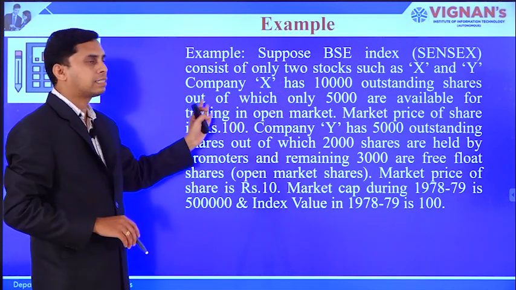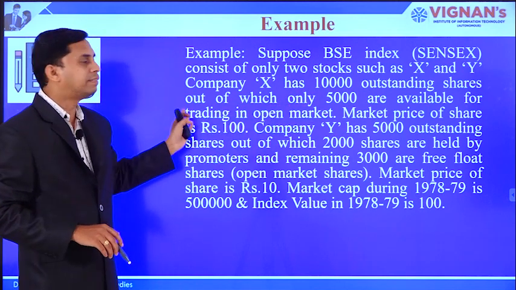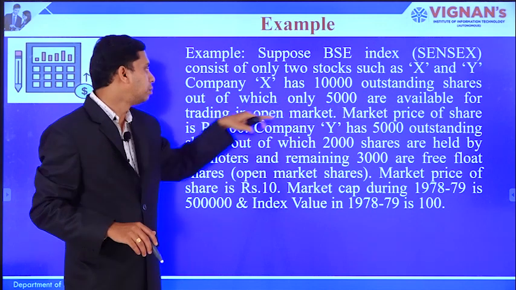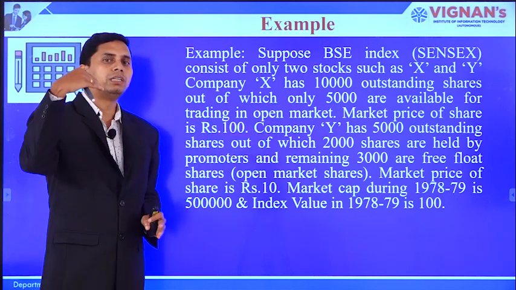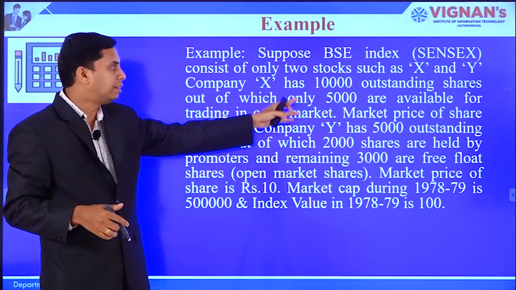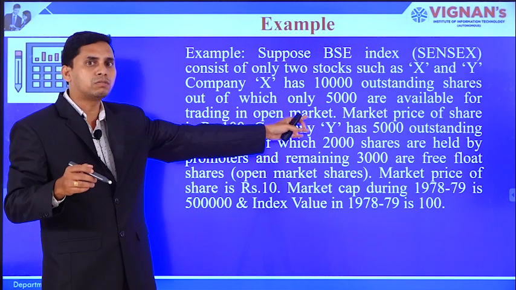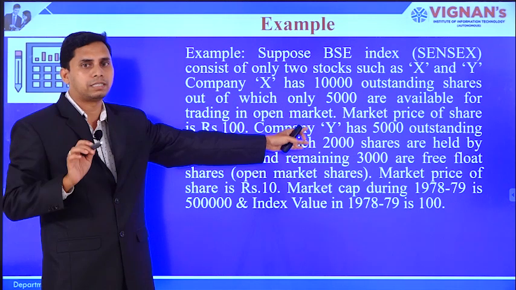Company X has 10,000 outstanding shares, out of which only 5,000 are available for trading in the open market, which means the openly available shares for company X are only 5,000. So, this 5,000 must be used for the calculation of free float market capitalization.